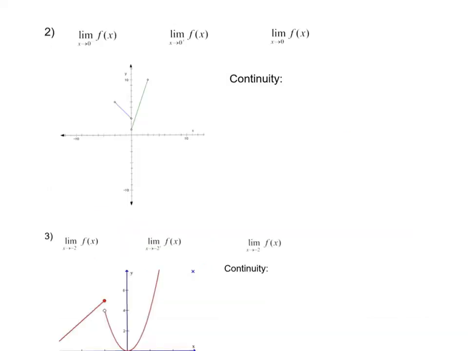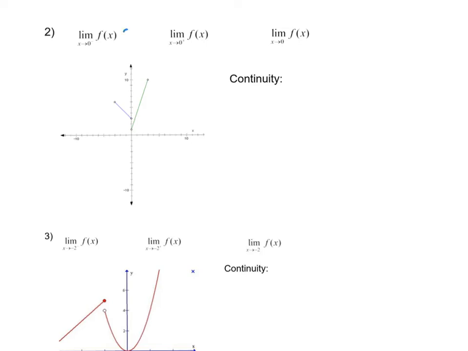Let's try example number 2. Make sure as you're taking notes you are pausing the video, drawing the diagram, and filling in all the information that we know as we take each example. So I'm going to start with the limit as x approaches 0 from the left side. As I'm approaching 0 from the left side, I see that my function seems to be approaching the number 3.